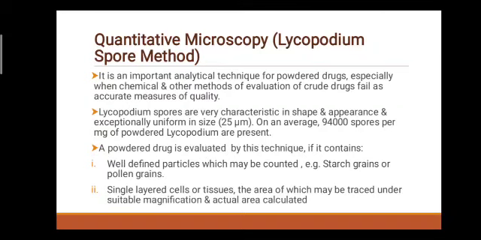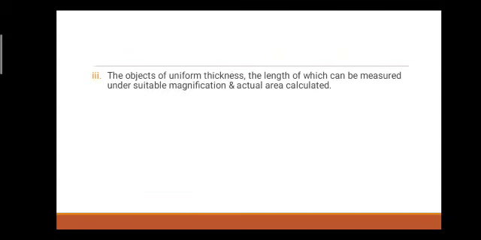Second, single layer cells or tissues, the area of which may be traced under suitable magnification and actual area calculated. Third, the objects of uniform thickness, the length of which can be measured under suitable magnification and actual area calculated.